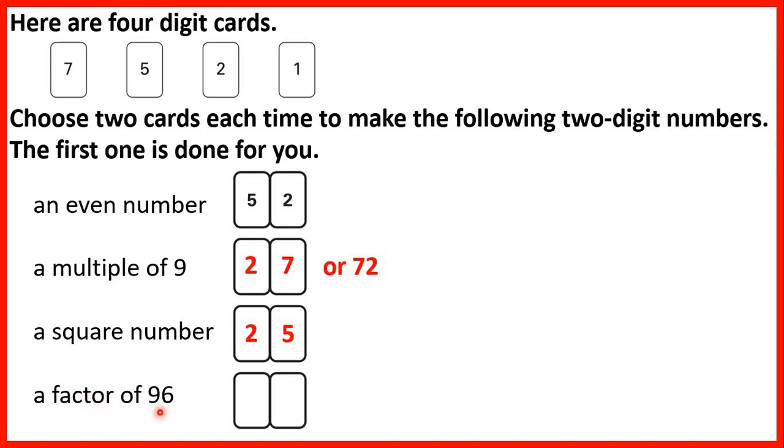So a factor of 96 means that you can divide 96 by the factor without getting a remainder. So 96 is in what times table? Well, if we use the cards 1 and 2, 96 is a multiple of 12, which means that 12 is a factor of 96.